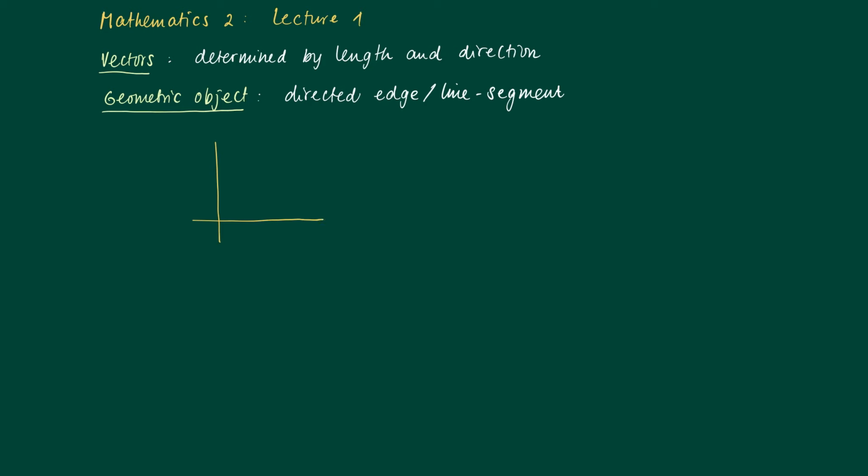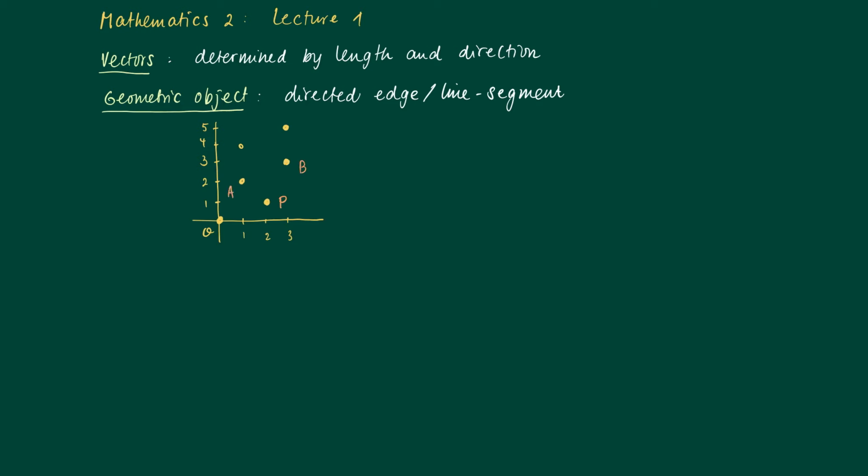Consider the xy plane, and we have coordinates. So we have a measure and the origin, and suppose we have several points with coordinates. Some points that I write here.